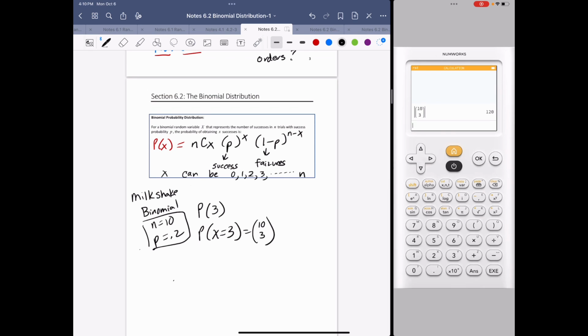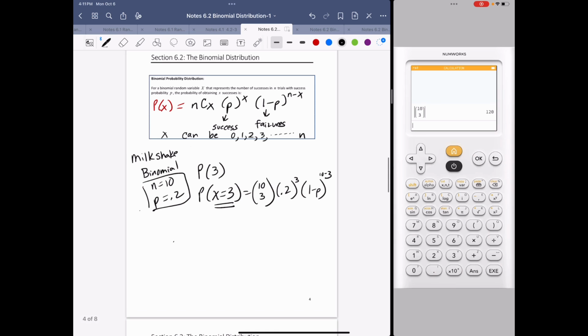And I want the probability of success, which is 0.2. And I want x successes. That's why I like x here. I want 3 successes. And then I want 1 minus p to the n minus x. 10 minus x, 10 minus 3. Now I'm going to clean that up a little bit.